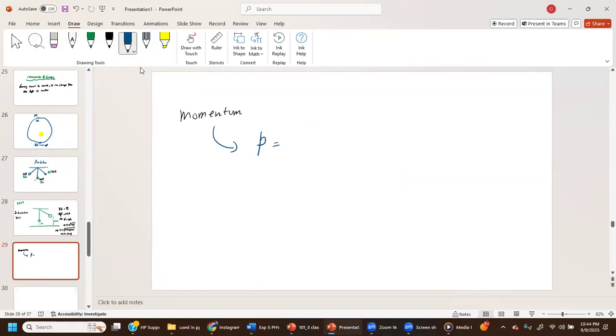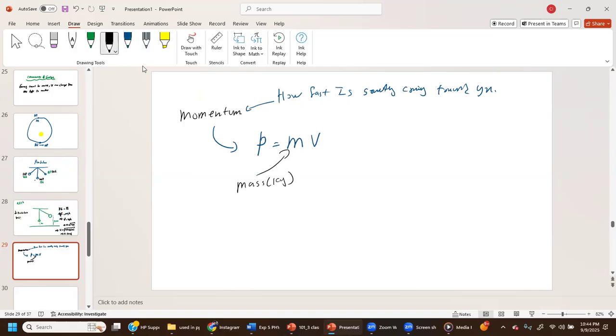Your momentum is how fast something is coming towards you. And the way that this is calculated is your mass times your velocity. So this is going to be your mass in kilograms and your v, that's going to be your velocity in meters per second.